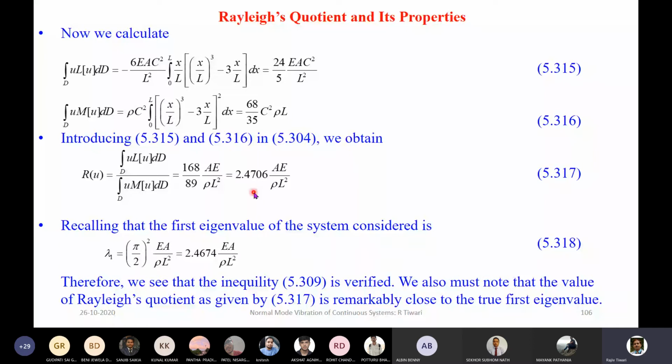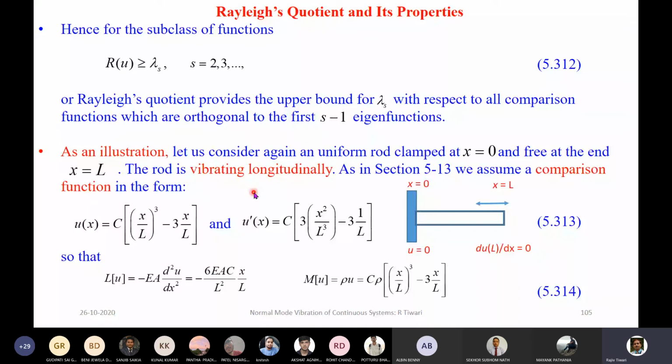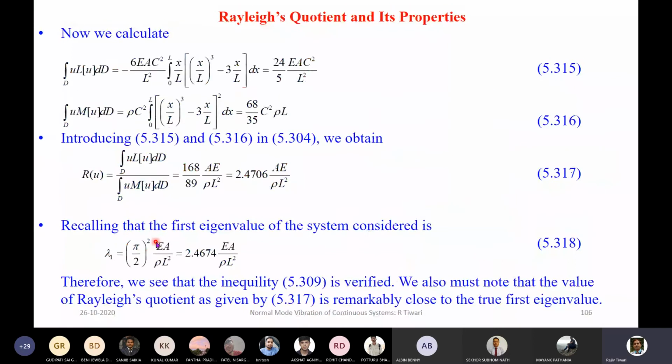We chose a function, and we can have a different choice of function also. We just substitute that function into the Rayleigh's quotient, which involves differentiation and integration as per the axial vibration problem, and we got the natural frequency.